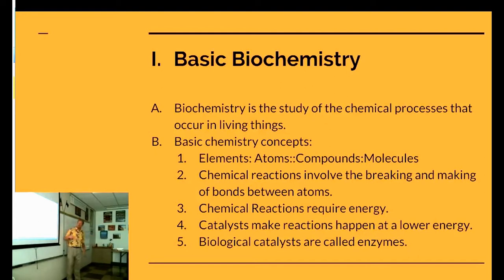And so an element is a pure substance made up of only one kind of atom, and an atom is the smallest unit of that element that behaves like itself. A compound is a substance made up of multiple kinds of atoms that are joined together chemically. And the smallest unit of that thing that behaves like itself is a molecule.